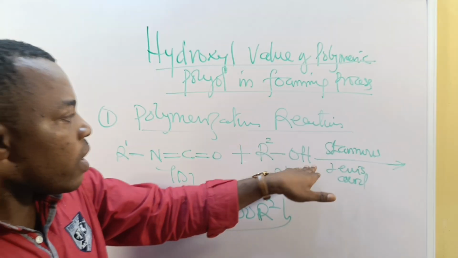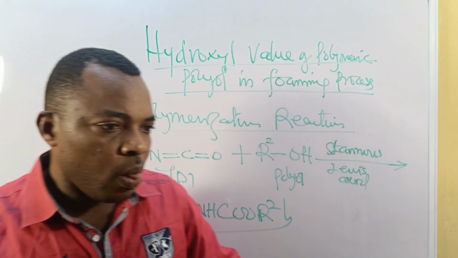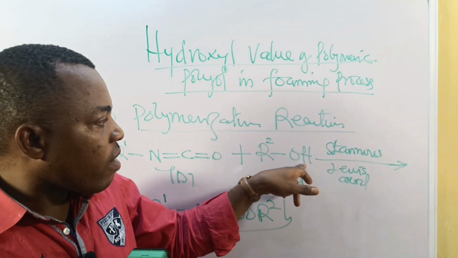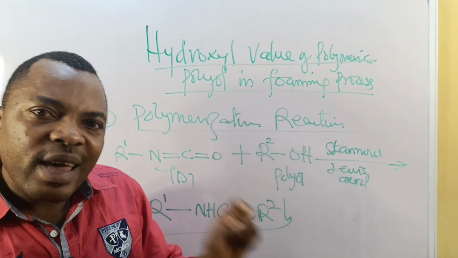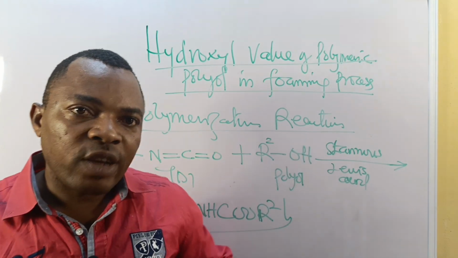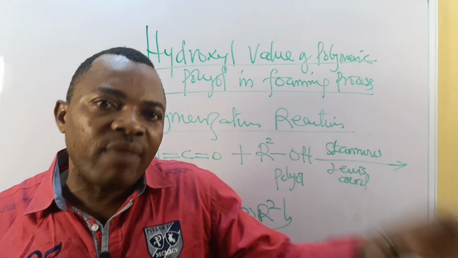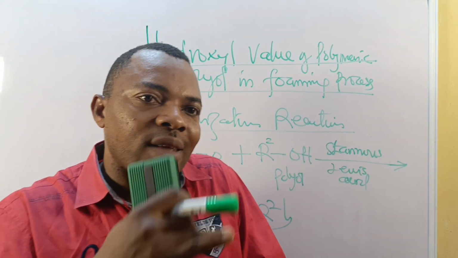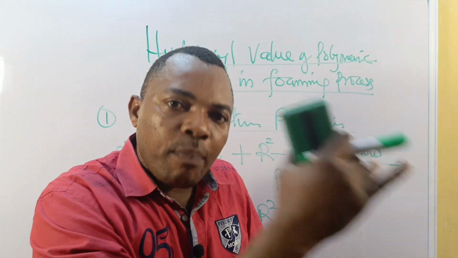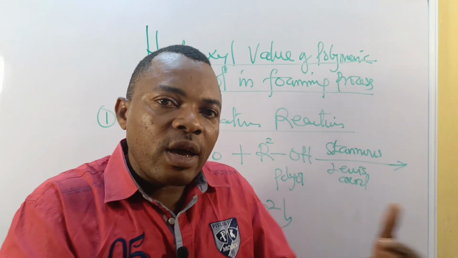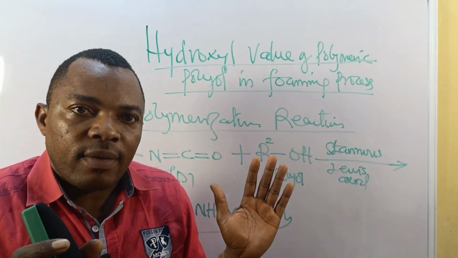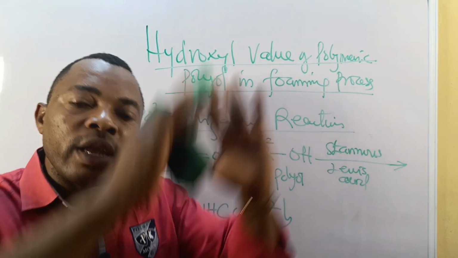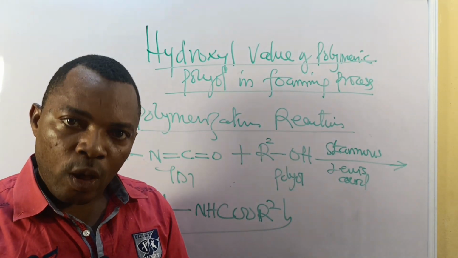So in this OH group, an increase in it increases the reaction sites, making them available for the reaction to proceed as fast as possible, by making your foam cure faster. That is what the OH group does in a polymerization or in the foam forming process.